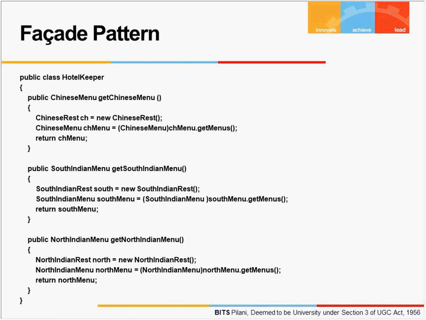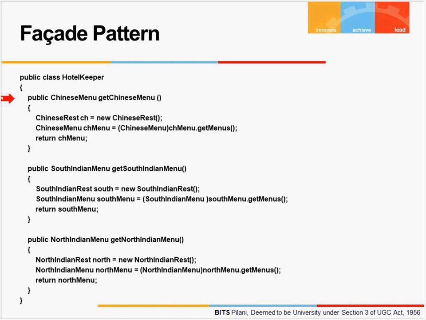What does the hotel keeper do? Okay, I'll zoom it a little bit. So the hotel keeper takes as input from the person who comes to the hotel the list of food items that they would like to order.